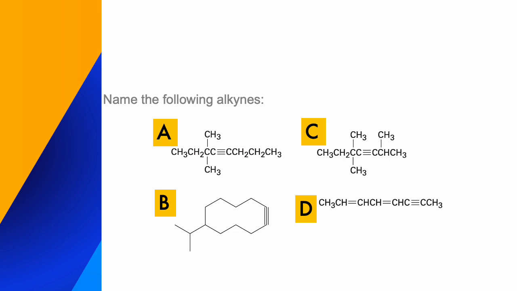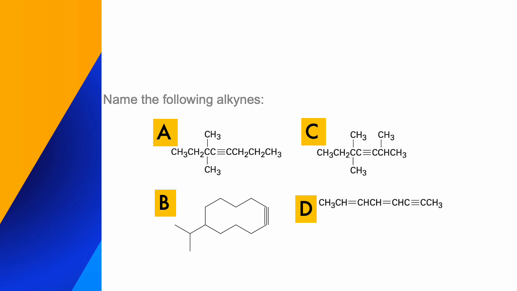For letter D, we have an enyne, the occurrence of both the double bond and the triple bond. Either way, we have the double bond in carbon 2, and if we use the right side of the structure, the triple bond also occurs in carbon 2.